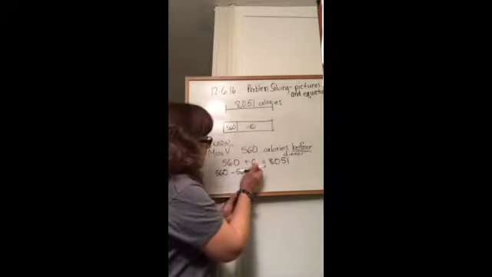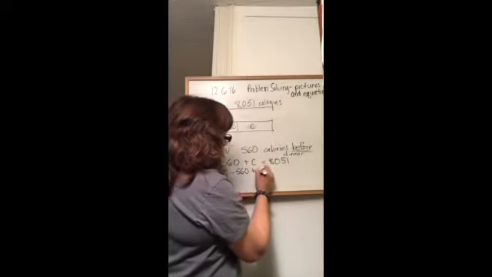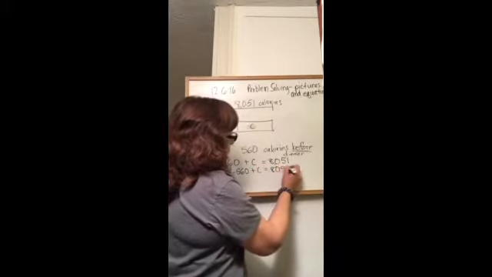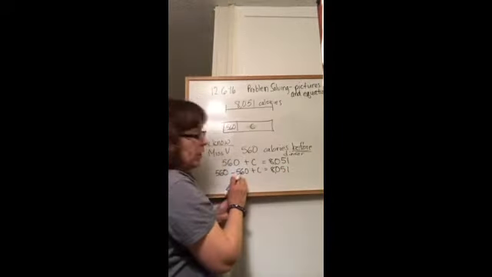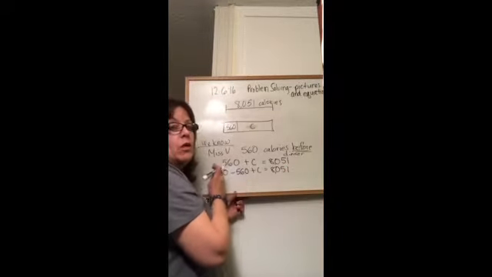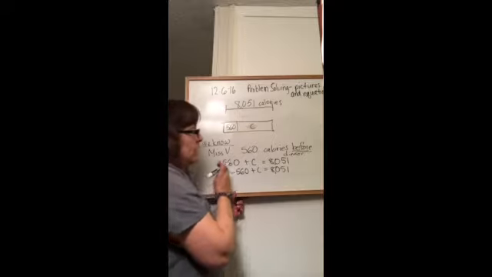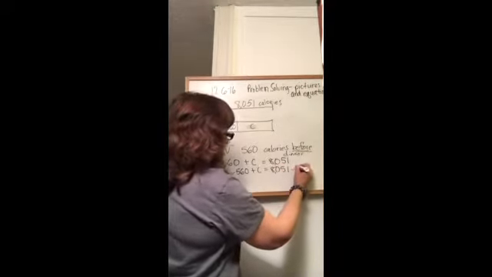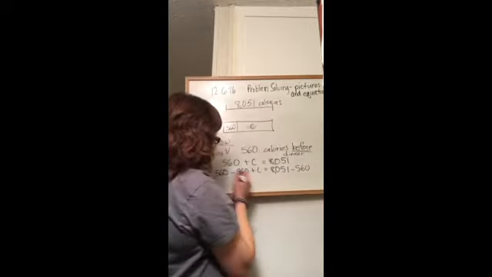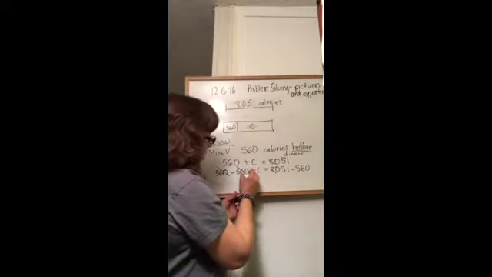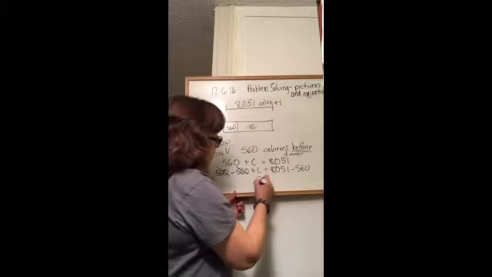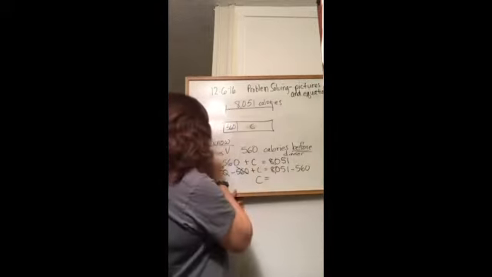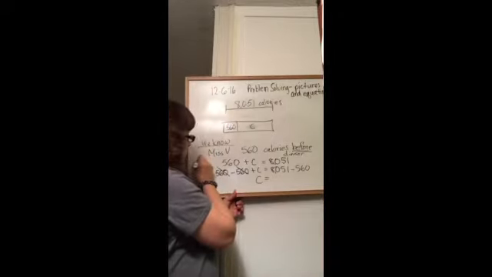Because I want to get C all by itself. Plus C is equal to 8,051 calories. And remember, if I do something to an equation on this side of the equal sign, then I have to do the same thing to the other side. So I have to take 560 away. These two are going to cancel each other out, and it's going to be 0. So I'm going to end up with C all by itself. I have to do this math vertically.